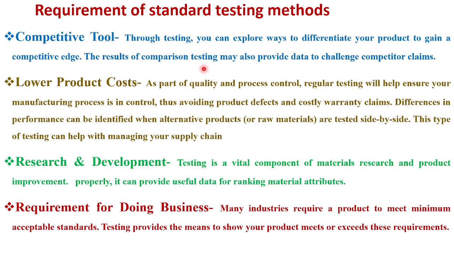The second one is the lower product cost. For quality analysis, you need to do that standard testing method. As part of quality and process control, regular testing will help ensure your manufacturing process. So before standardizing a formulation, you need to do the test at compound level and also at final product level.